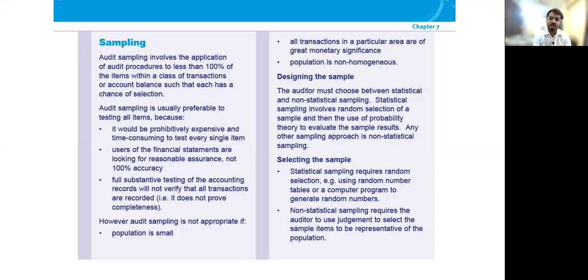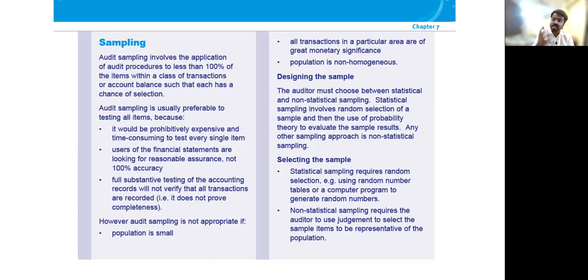For example, if I'm the auditor of Reliance Industries Limited, and I say that I will select the top 50 transactions based on their value, so whichever are the maximum value transactions, only those are selected.